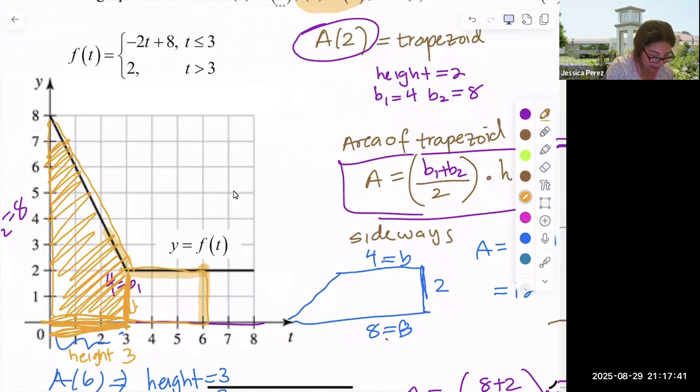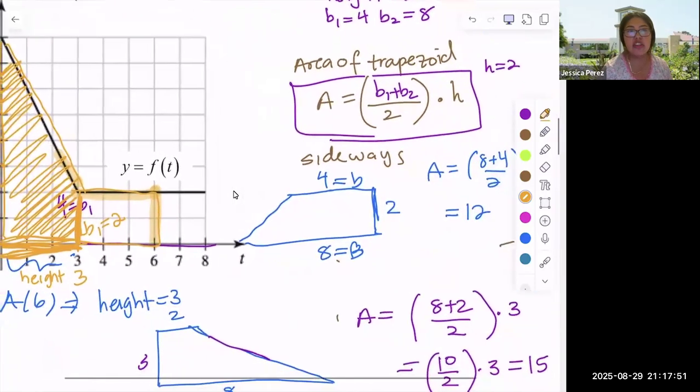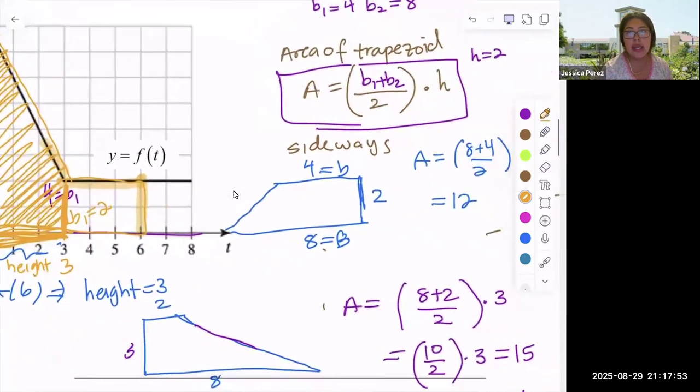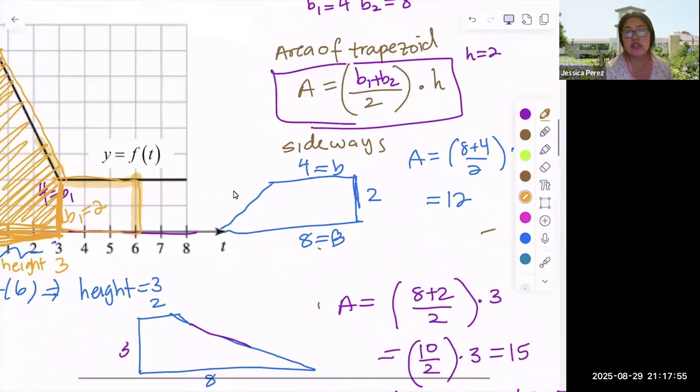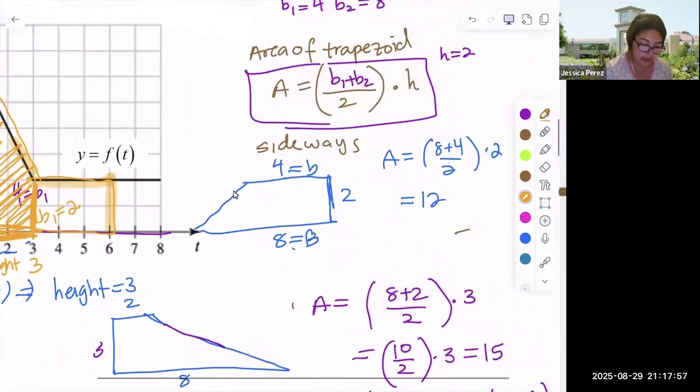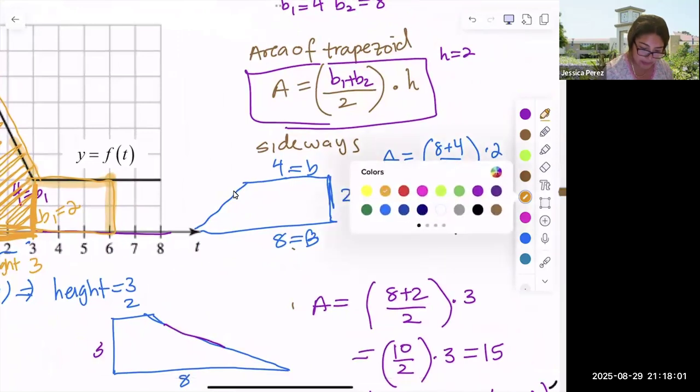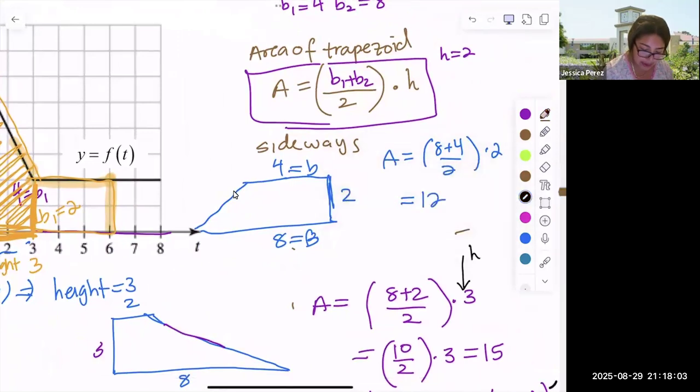My base 1 is going to be 2, and my base 2 is going to be equal to 8. So now my formula will change with just my trapezoid. That's going to be 8 plus 2 over 2 times 3. This is the height. This is base 1 plus base 2 over 2.